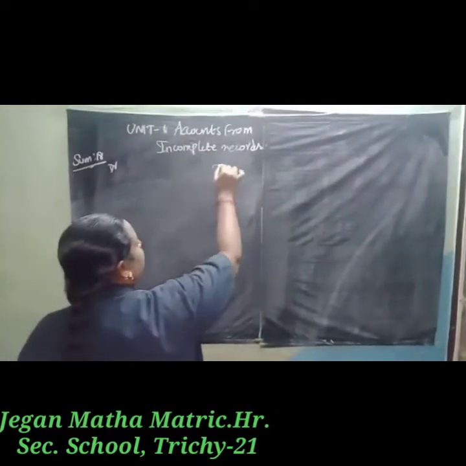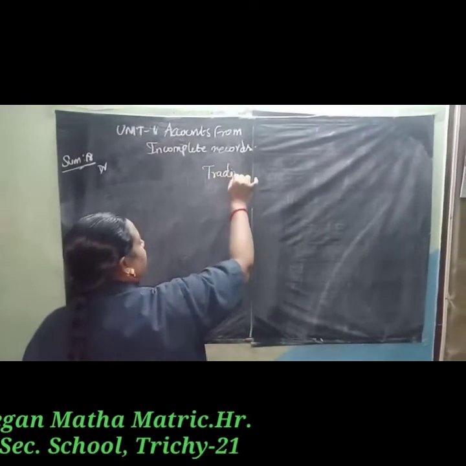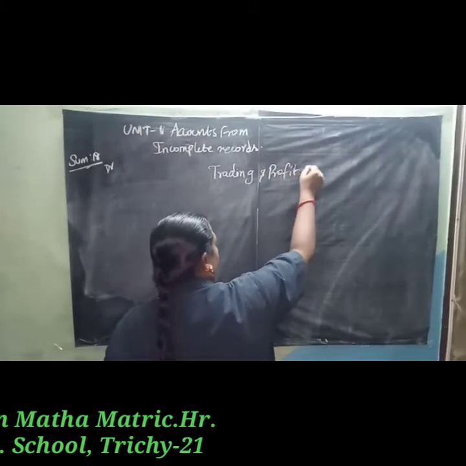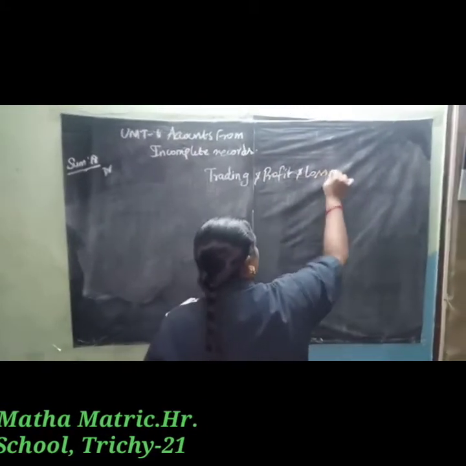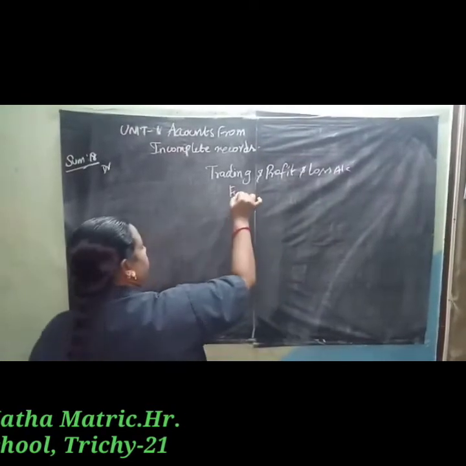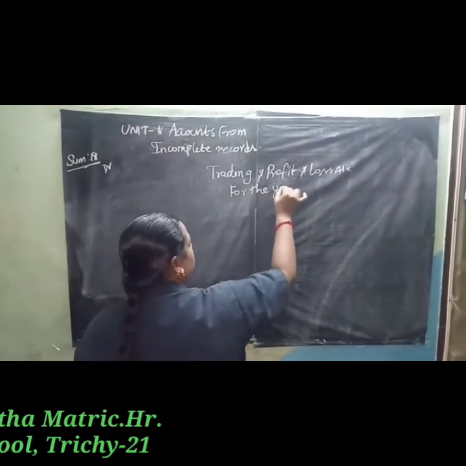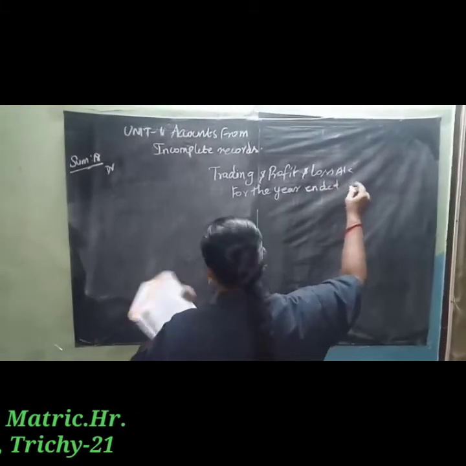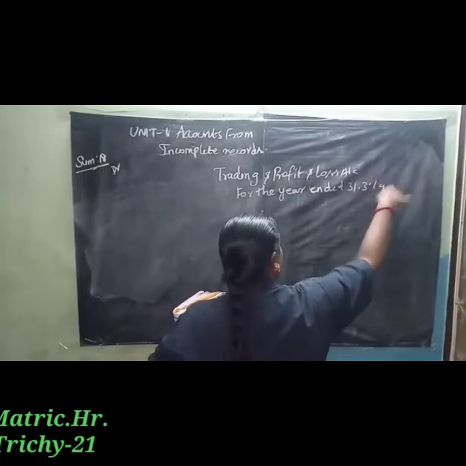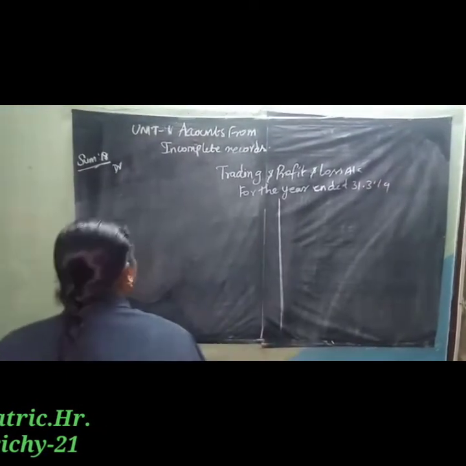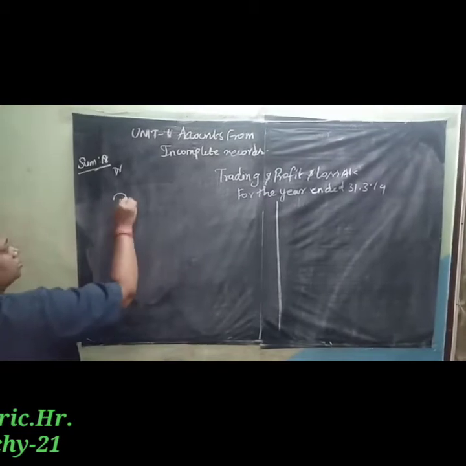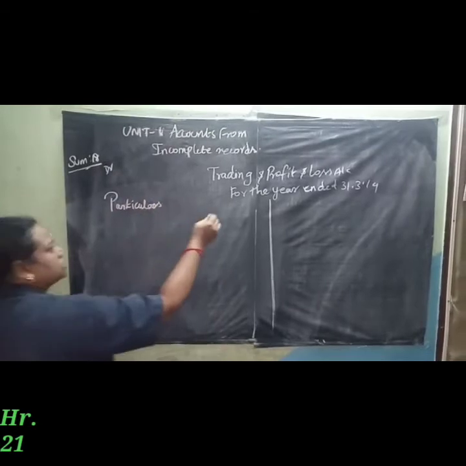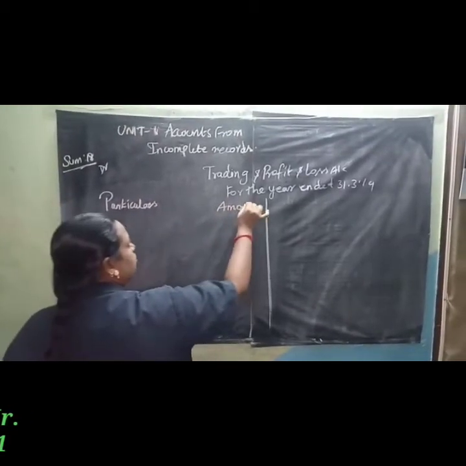Next we are going to find out the trading and profit and loss account for the year ended 31st March 2019. First the trading account: particulars, amount.